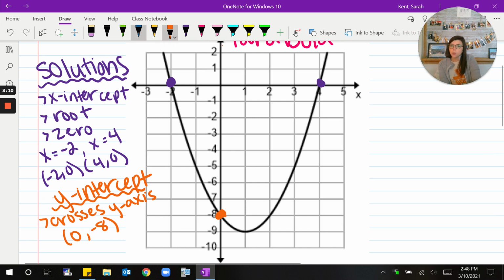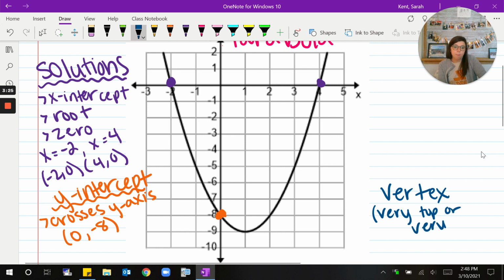So here's a new word that we've got, and this new word is the vertex. So the vertex is either the very top or the very bottom of a graph. So here, my vertex, I've got a bottom.